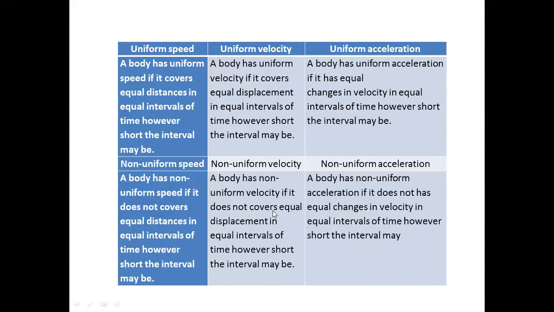And velocity will be uniform when both speed and direction are not changing. Non-uniform acceleration: if the velocity of a body is not changing equally in equal intervals of time, then the acceleration is said to be non-uniform acceleration.